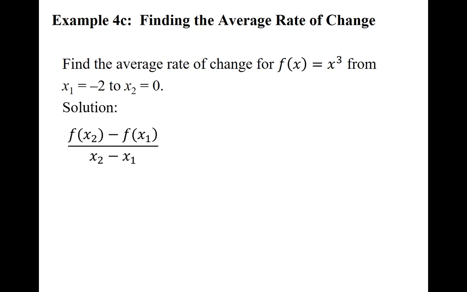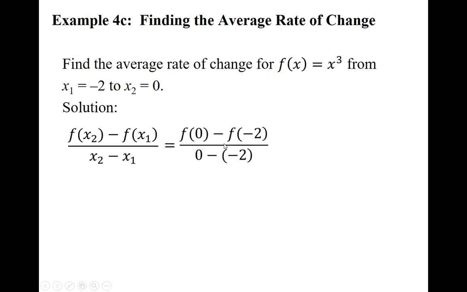We have the function f of x equals x cubed. So we have to plug these x values into the function to get the output. F of x2, taking 0, plugging it in for x cubed: 0 cubed is 0. F of x1, taking -2, plugging it into x cubed, we get -8.